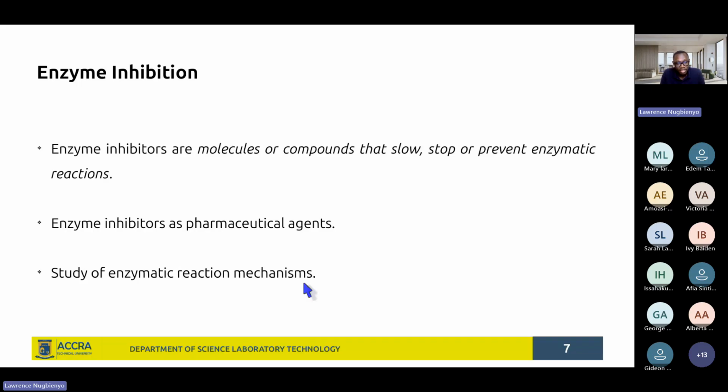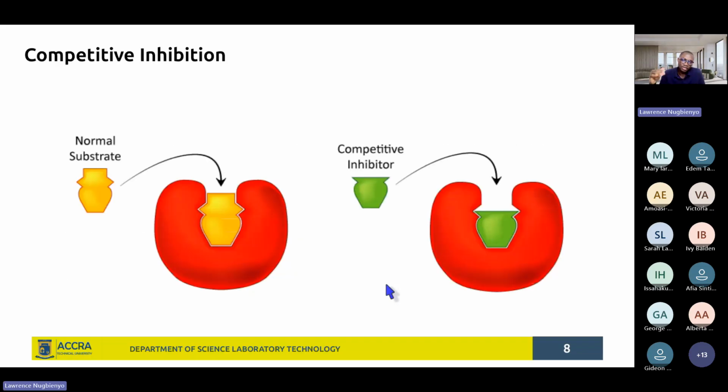So, yes, inhibitors are used a lot in research work, that is, in enzyme kinetics. Right. So we'll take a look at some forms of inhibition. And the first one we're looking at is competitive inhibition.